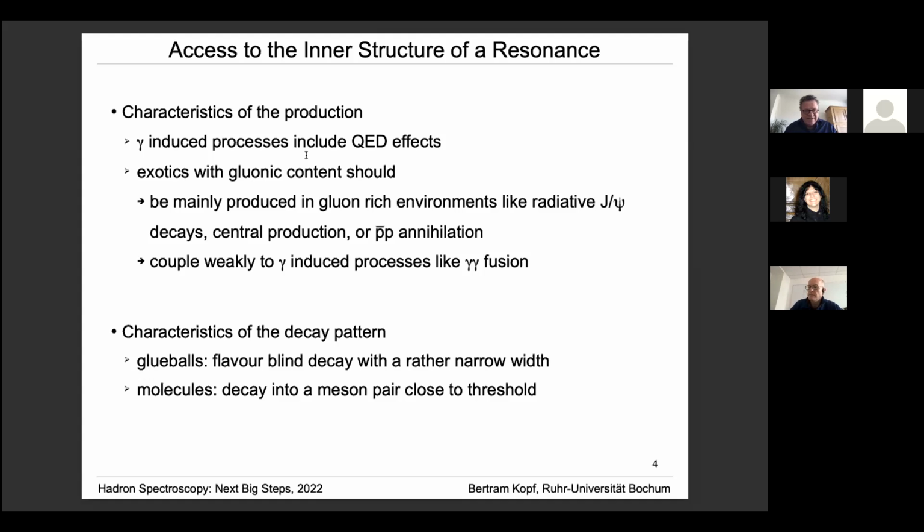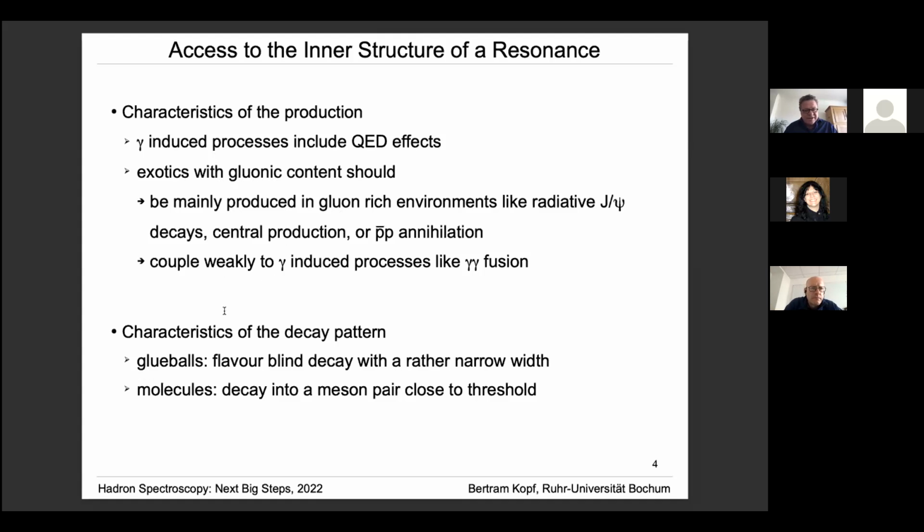This gives a very proper access to the inner structure. On the other hand, exotics with gluonic content should mainly be produced in gluon-rich environments like radiative J/psi decays, central production or antiproton-proton annihilation, while they should couple only weakly to gamma-induced processes like gamma-gamma fusion.